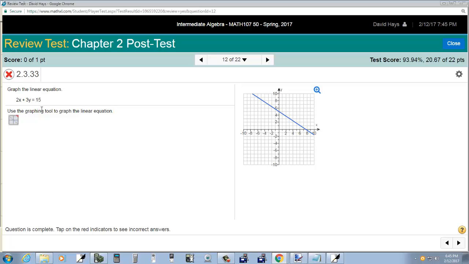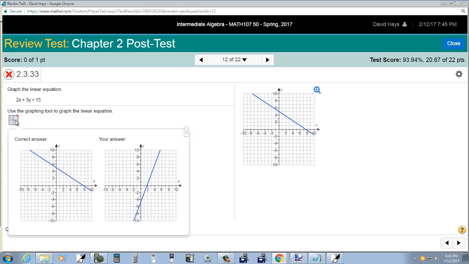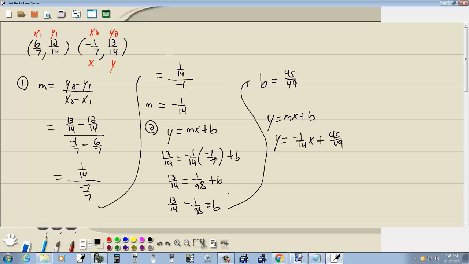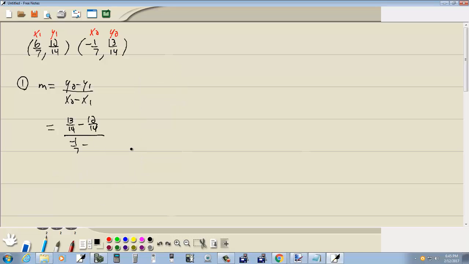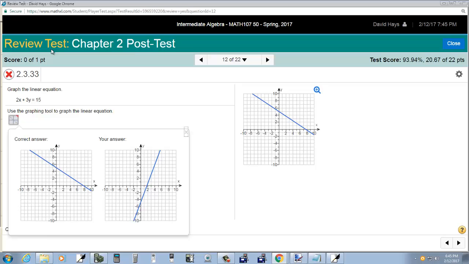I thought I plugged that into the calculator. Okay. Let's try it again. See, I'm not sure what I did wrong. Not blaming my illness.